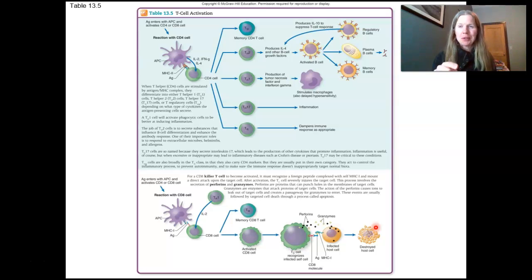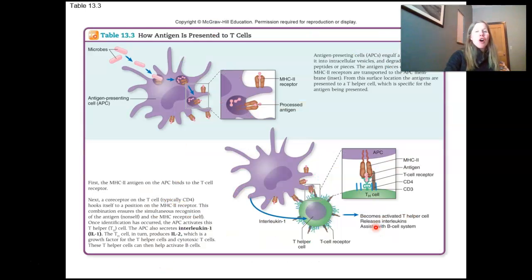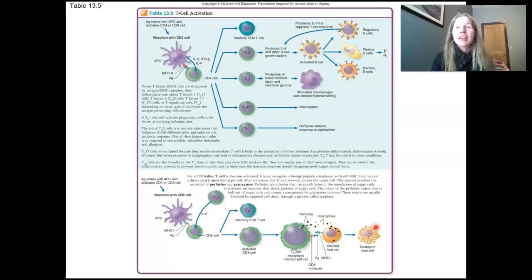Look at that picture closely. I'm sorry, I can't zoom in, but it looks an awful lot like this one. The difference being antigen-presenting cells have MHC2 and are checked by helper T cells, and then cytotoxic T cells check MHC1 with their CD8 proteins.